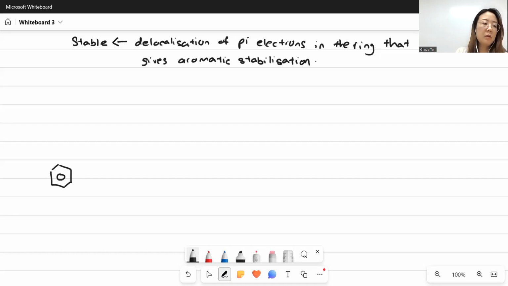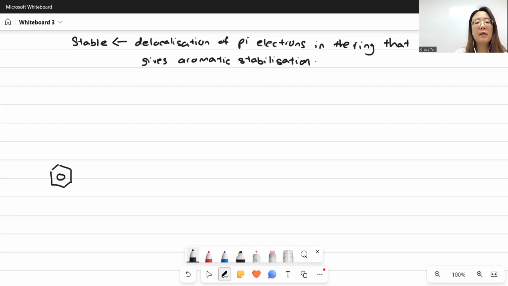First you need to know that benzene is a stable compound because it has this aromatic stabilization. It's a form of energy. When a compound is stable, it means that it will not react easily most of the time with another compound.